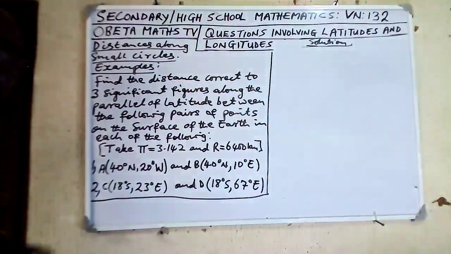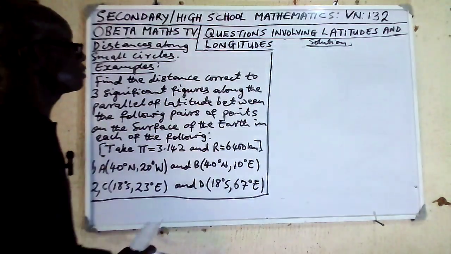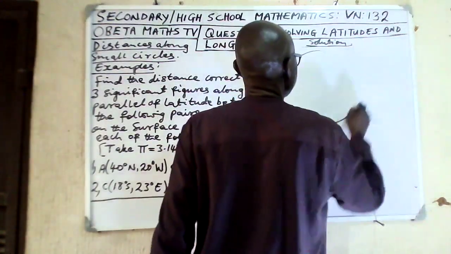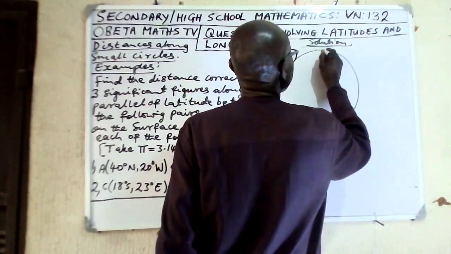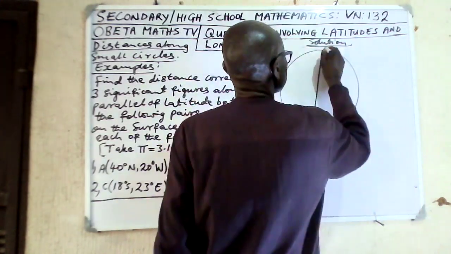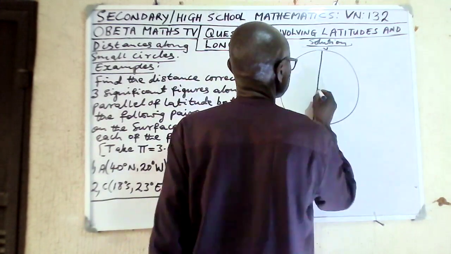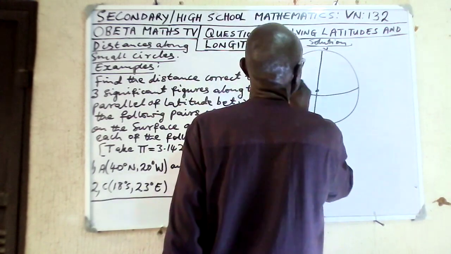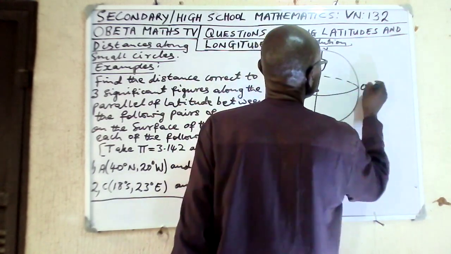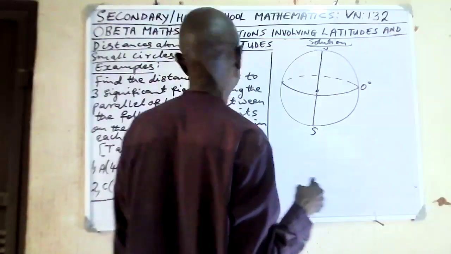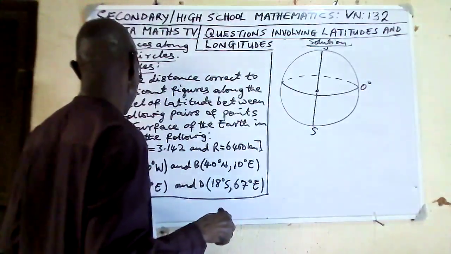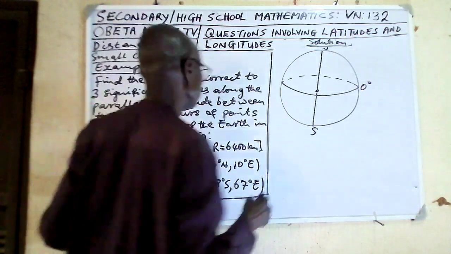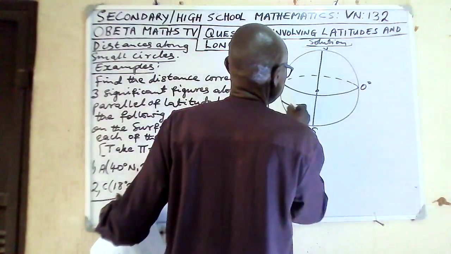So question number 2, we have to find the distance between these 2 points. So we try and draw again. North, south, equator, then indicate 18 degrees south, 23 degrees east.